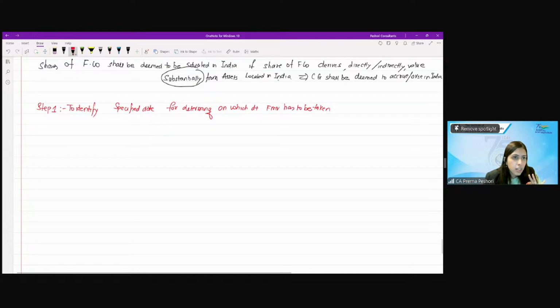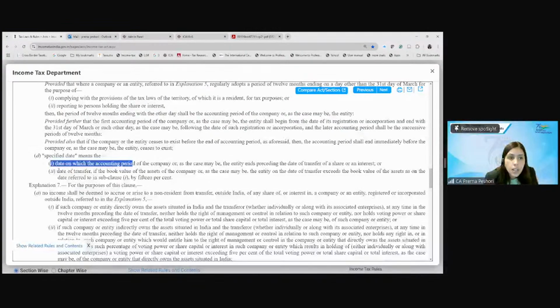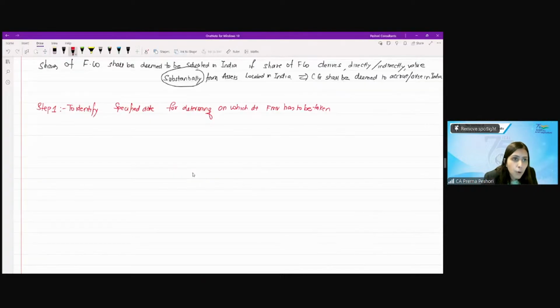What was the condition? The condition was that if the book value of the assets of the foreign company as on the date of transfer, you need to ask the question, book value of the assets. Here we are not taking the FMV, here we are seeing the book value.